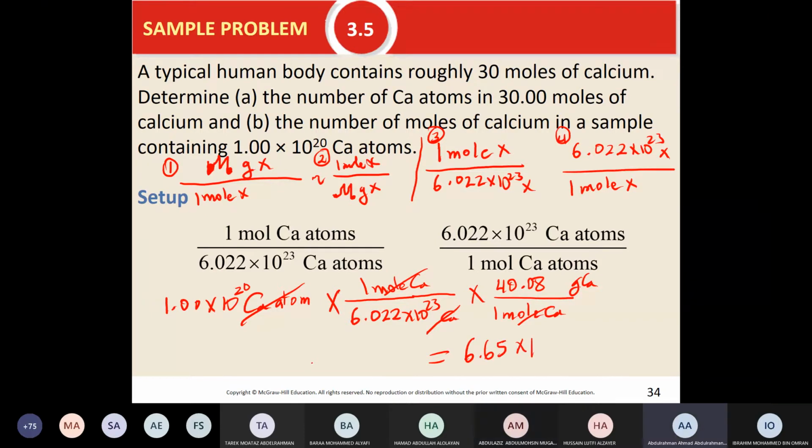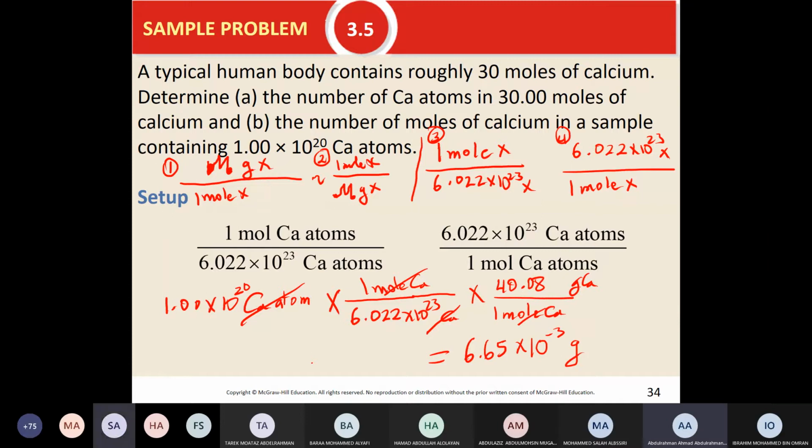Is this power correct? Minus 3. Repeat one more time. 6.65 times 10 to the power minus 3 gram. Yes.